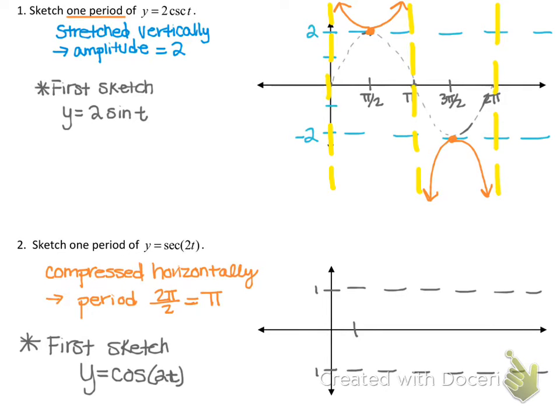Now, I'm counting all the way up to pi for one period, which means I have pi over 4, pi over 2, 3 pi over 4, and then pi. So at cosine, I'm up here, pi over 4, down to 1, to 0, to 1. So this is my sketch.